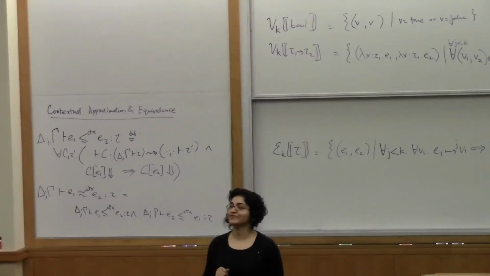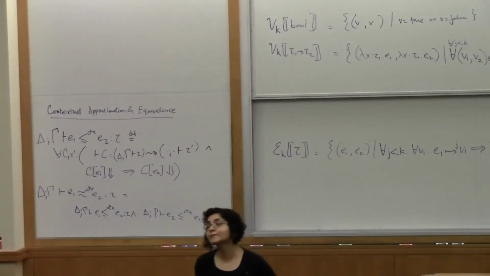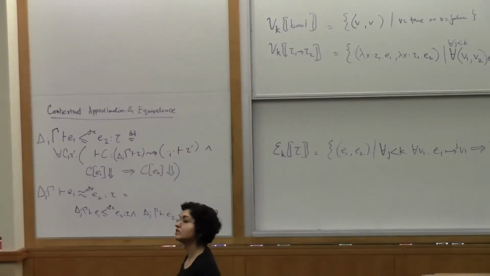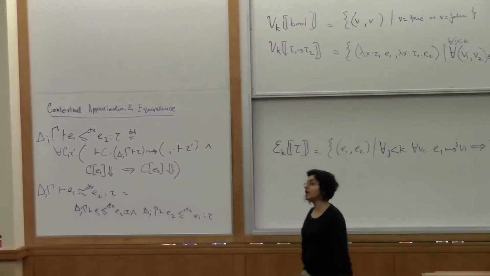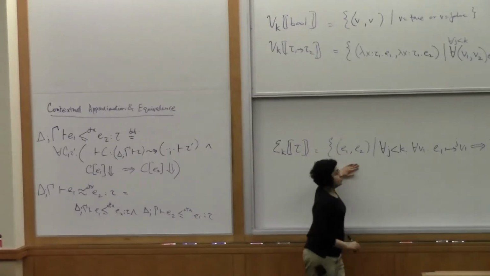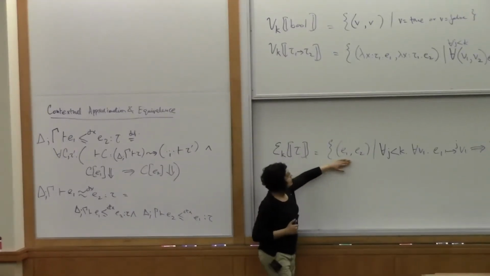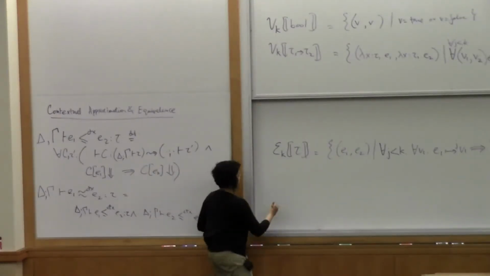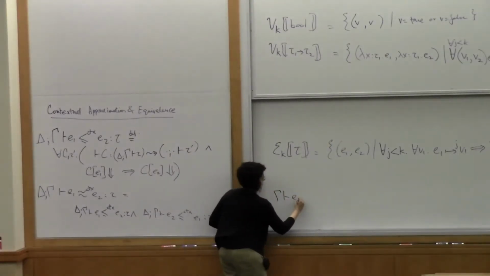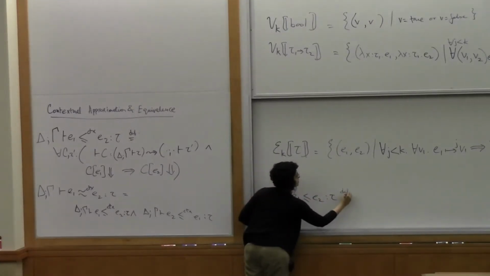Yes? Is there a different definition for equivalence? For what? For equivalence instead of approximation. So the definition of the logical relation, how do we extend it? Okay. So we don't really need to extend it because right now our E relation is capturing approximation. We are going to define E1 approximates E2 at the type tau in a moment.